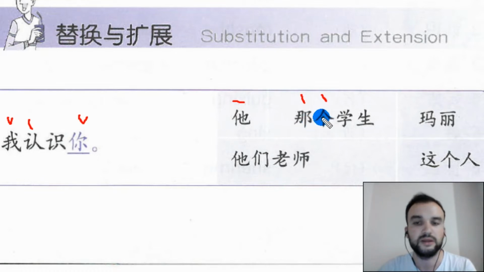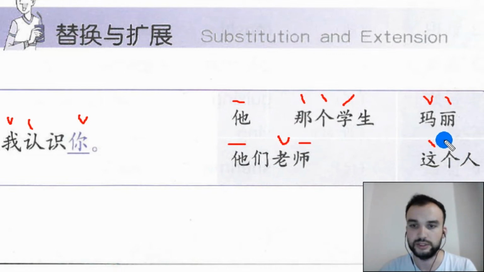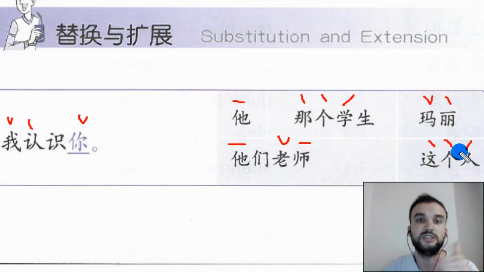I will explain, don't worry. 学生, 玛丽, and 他们, 老师, and 这个人 is also a new character. Okay. First, translate this sentence.